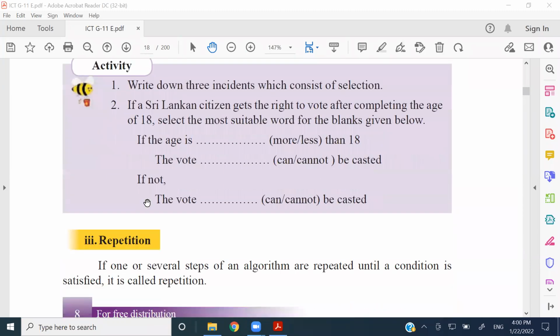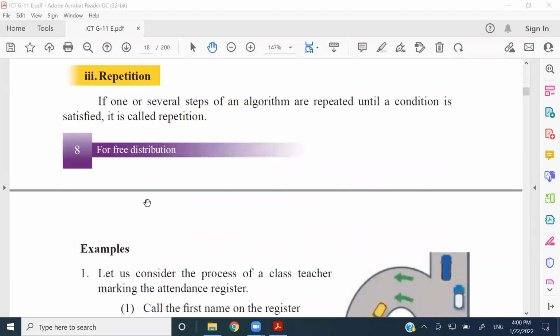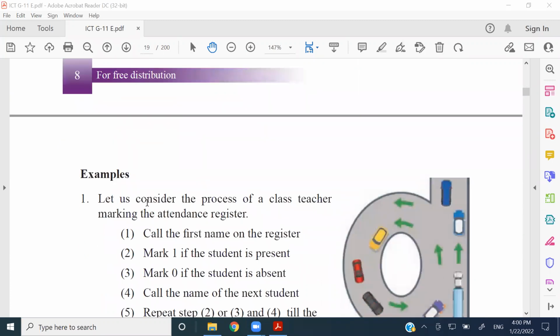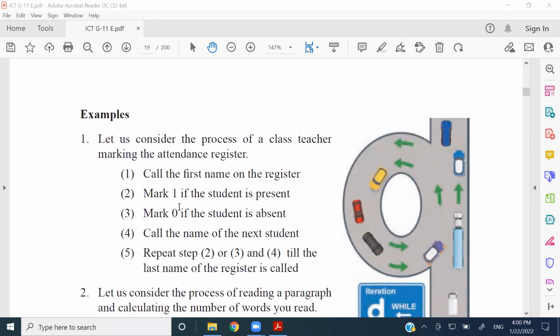Right? So when it comes to the iteration or the repetition, there are certain set of things to be done again and again due to a condition. Right? So here they have considered the process of a class teacher marking the attendance register.